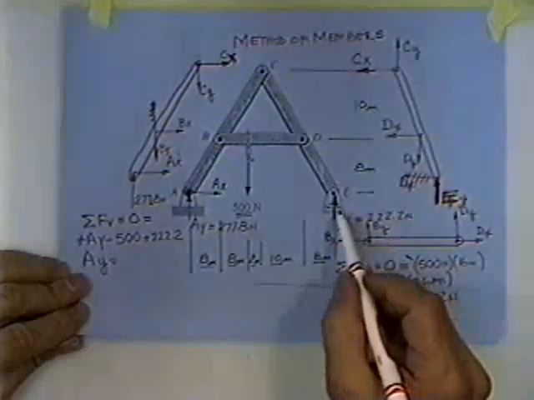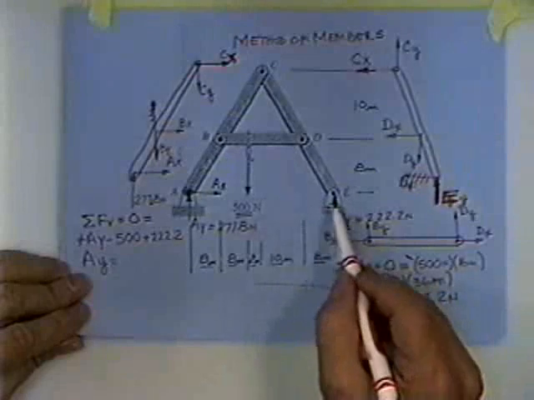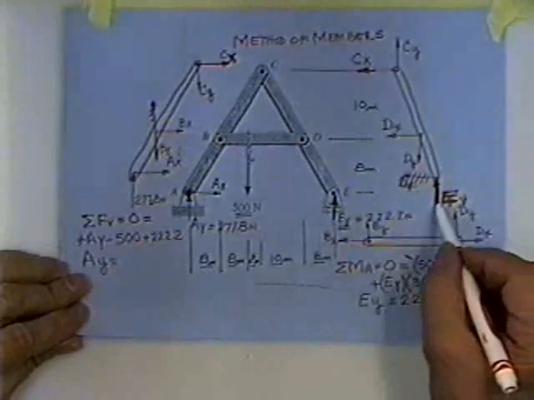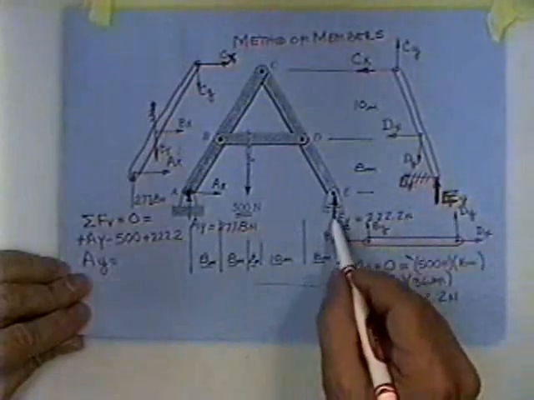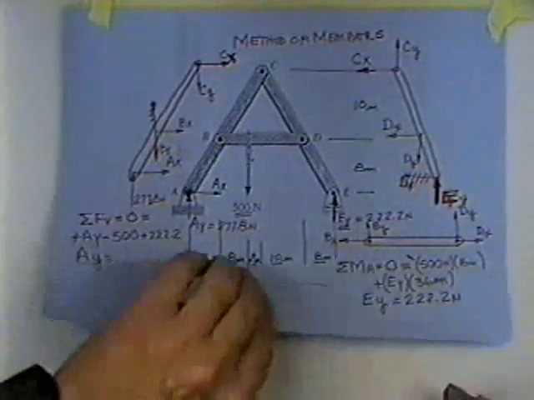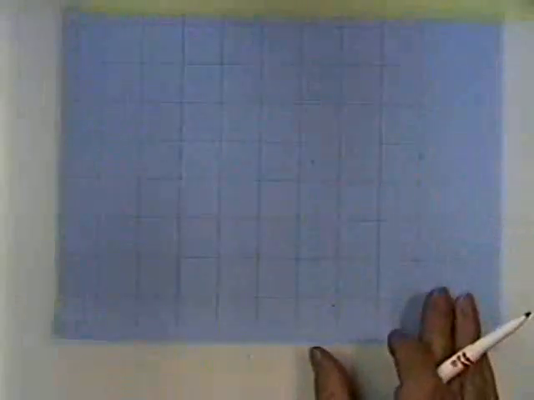But that's not the case. If you just redraw member CDE, that's the same member. You must show that force the same way as you showed it a minute ago. All right. Let's go to page 17 where these things have been shown.